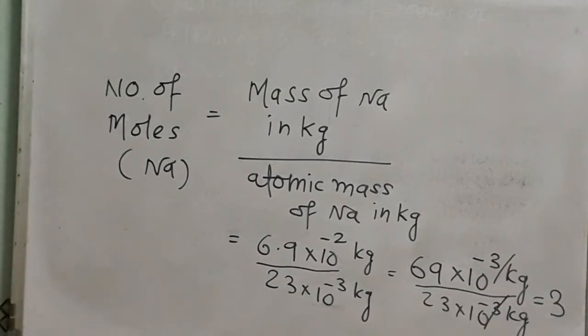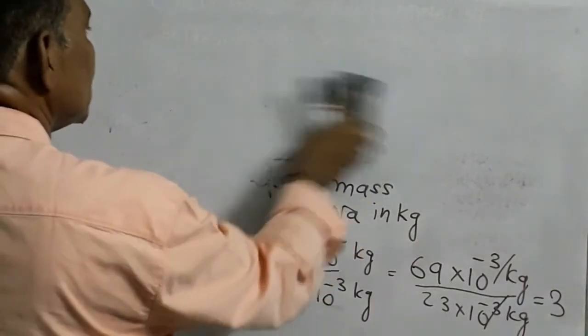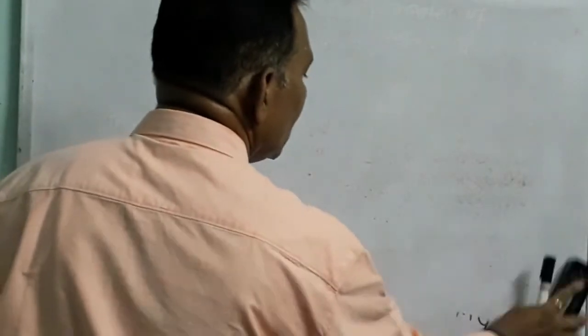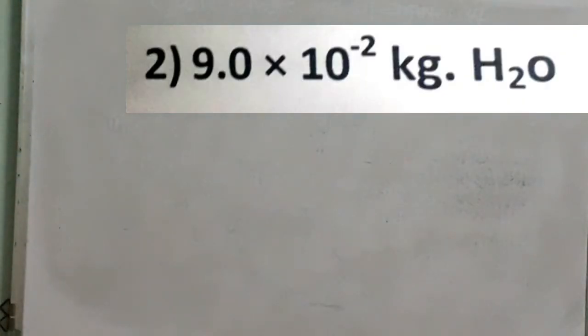Now the second problem that appears on your screen. Calculate the number of moles in 9.0 into power of 10 minus 2 kilogram of water. Now this is a substance, a compound.